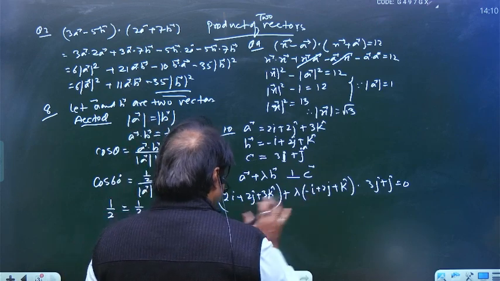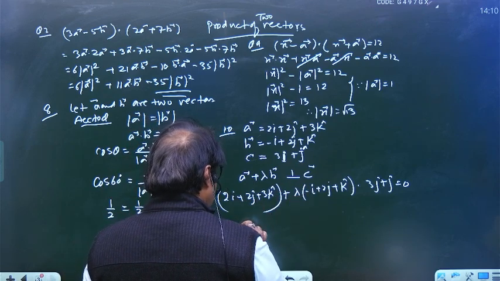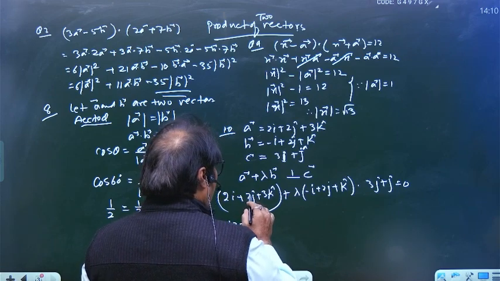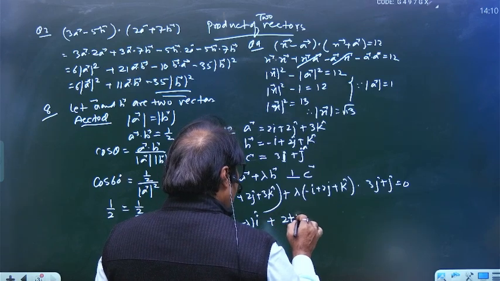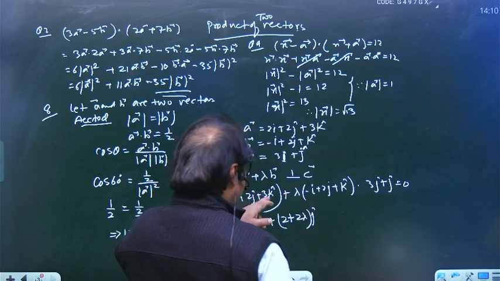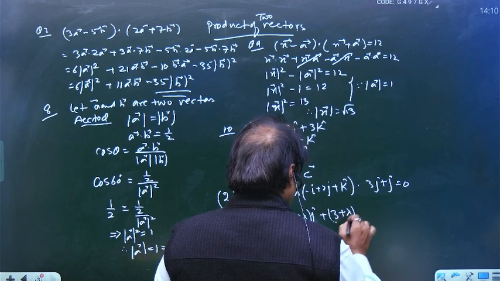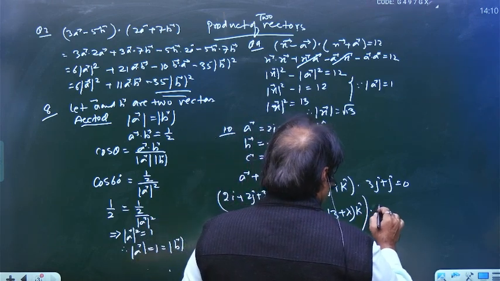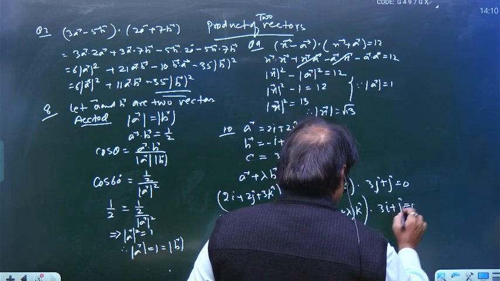First we simplify this: taking i cap common, it is 2 minus lambda i cap, plus 2 plus 2 lambda j cap, plus 3 plus lambda k cap, dot 3i cap plus j cap is equal to 0.